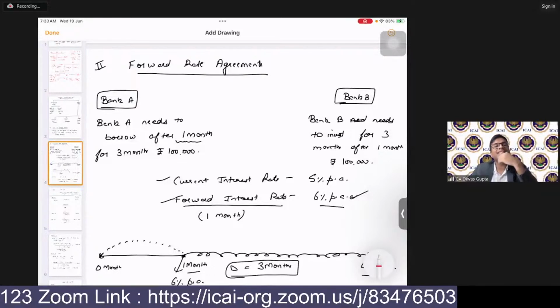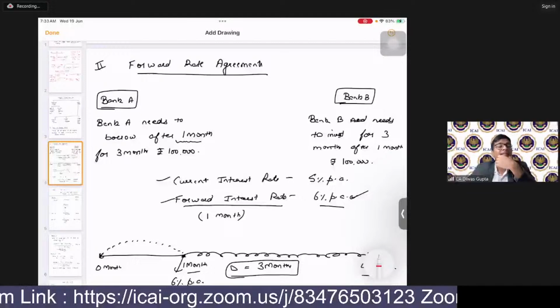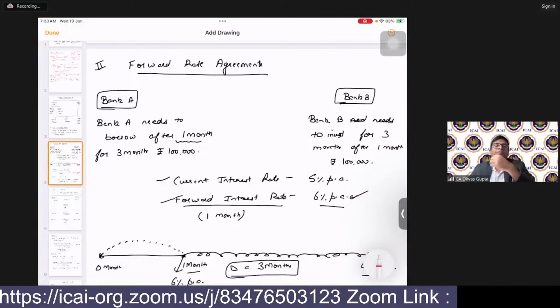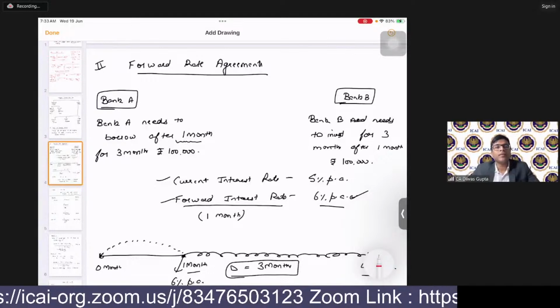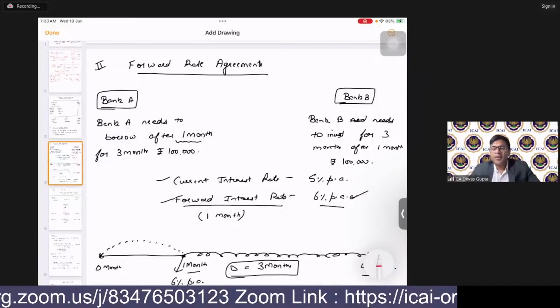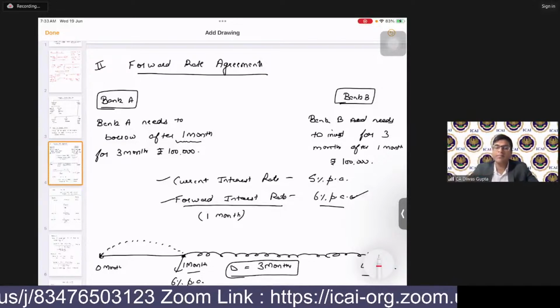Okay, so Abrikesh is mentioning that in earlier times, when clearing of a cheque took more than 3 days, there was a system of paying on float. Okay. Perfect. Let's start our discussion on the forward rate agreement, students.